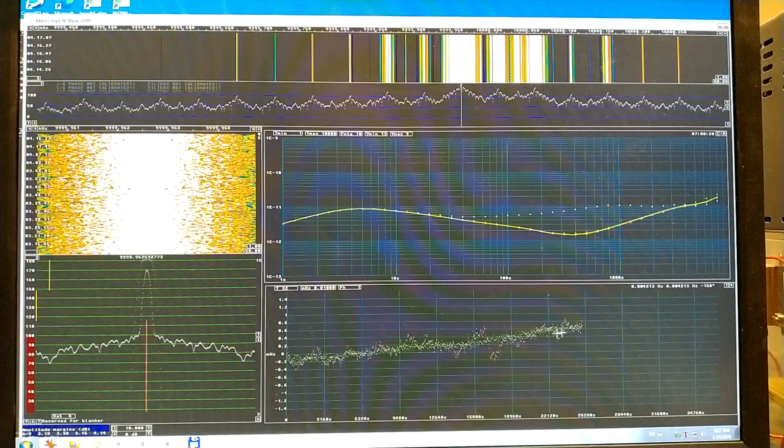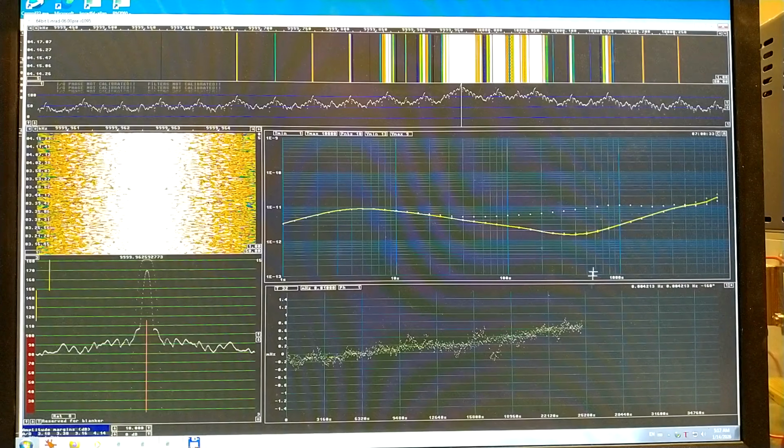I don't know. The Wenzel oscillator, the green trace, is really very stable. I cannot draw any conclusions from this because the width of the lines, due to the noise close to the carrier, is too large. But I can look at the Allan graph. That's suitable for this kind of evaluation.